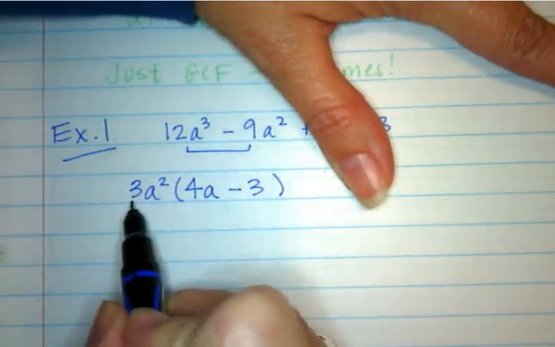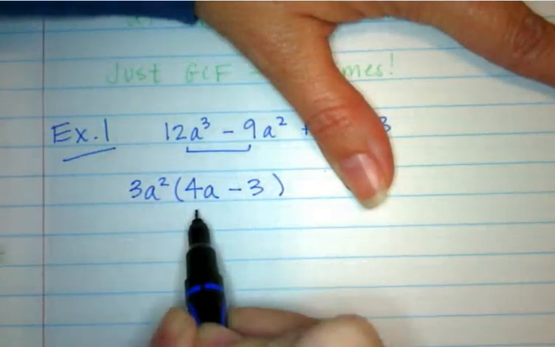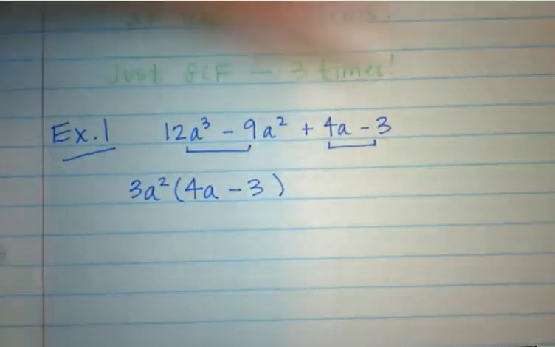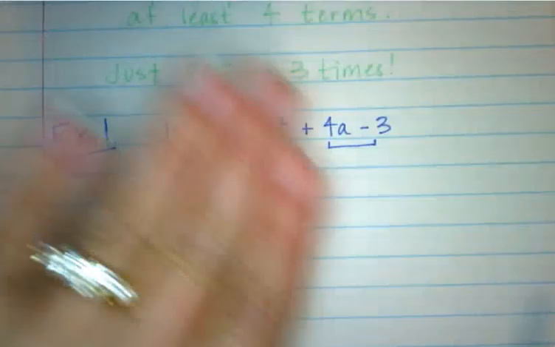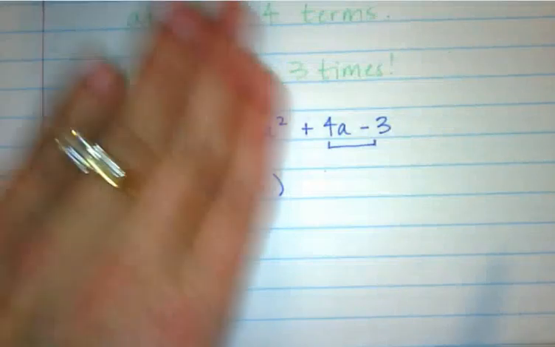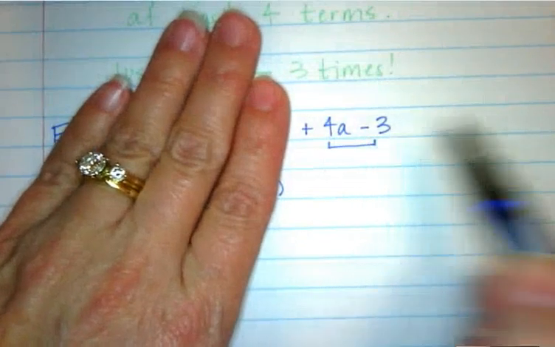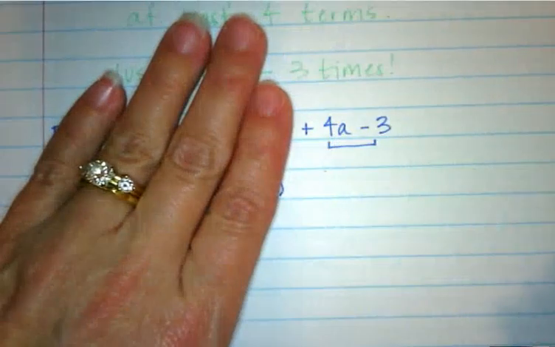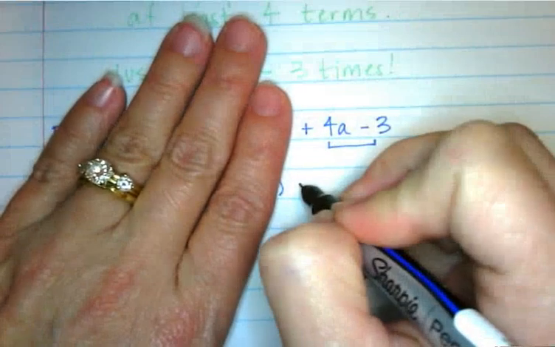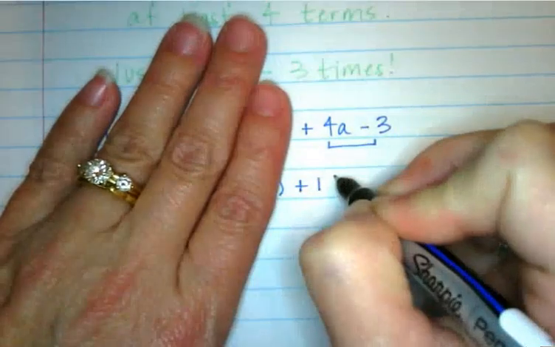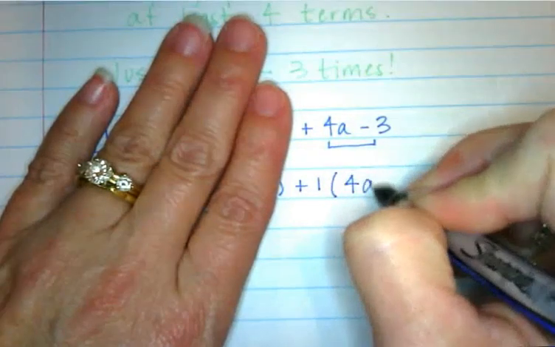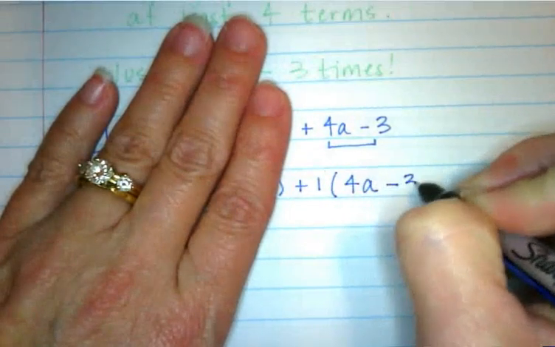Now I'm going to cover this up and look at these 2 and take out a GCF. I only see a GCF of positive 1, and that would just leave me with 4a minus 3.